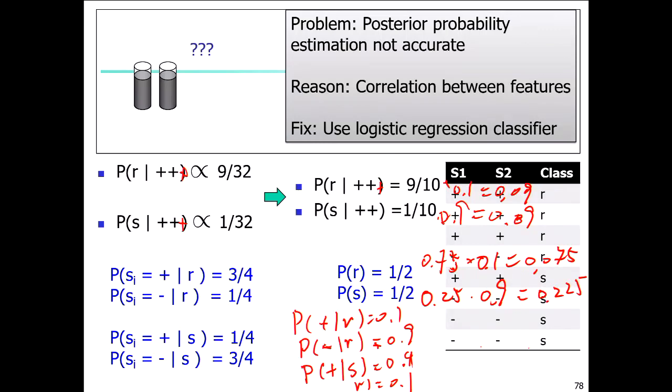Which actually gives us quite different results.